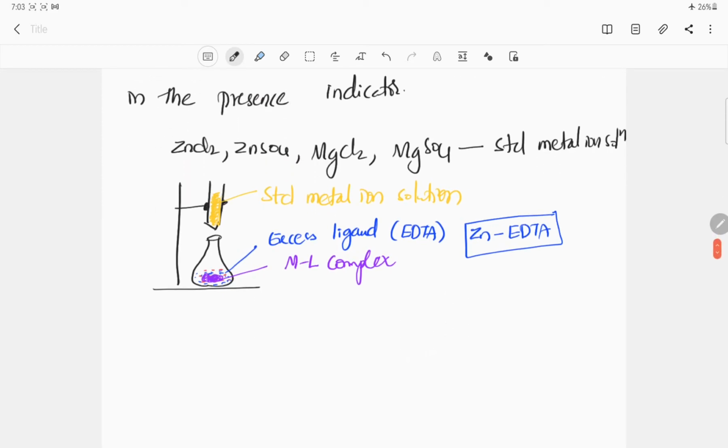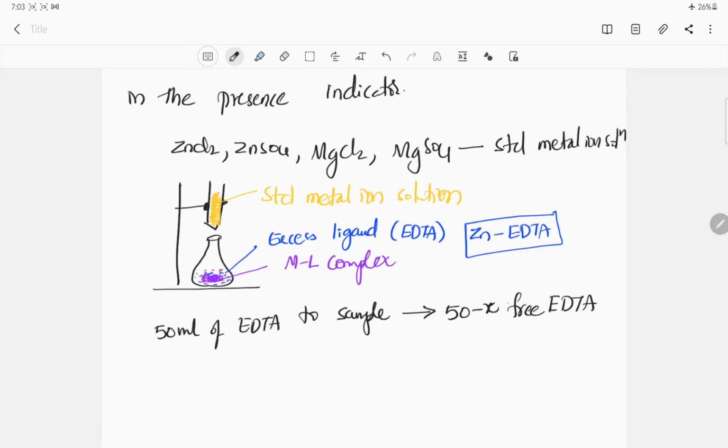Here one thing you have to notice. Suppose you have added 50 ml of EDTA to the sample. And 50 minus X is free EDTA, means the EDTA which is not reacted.